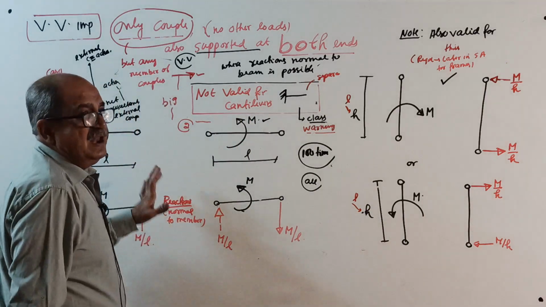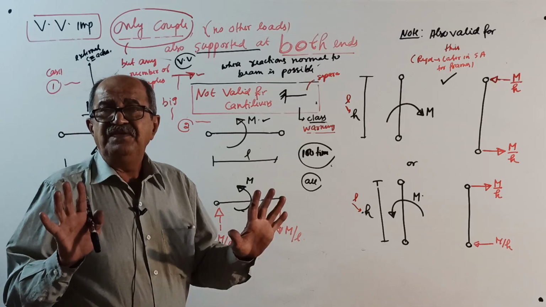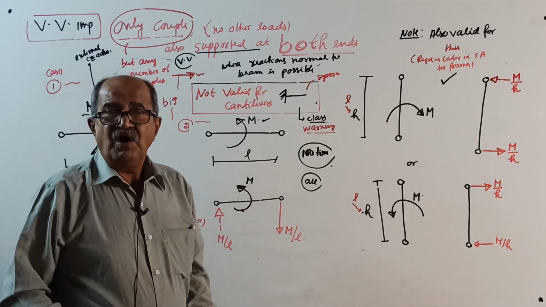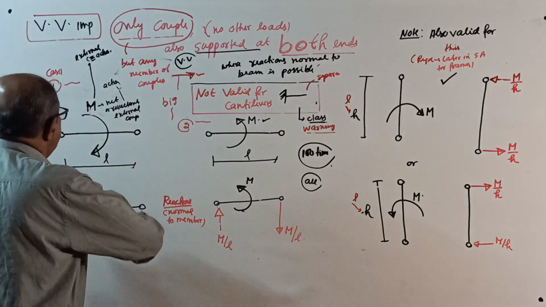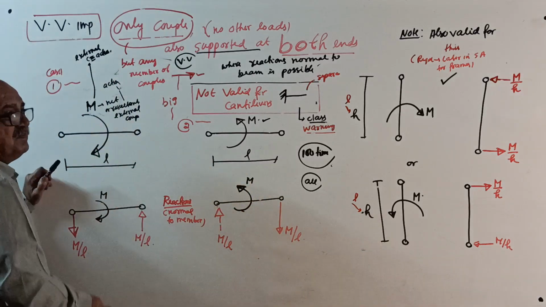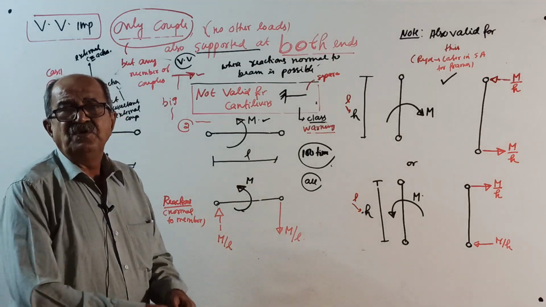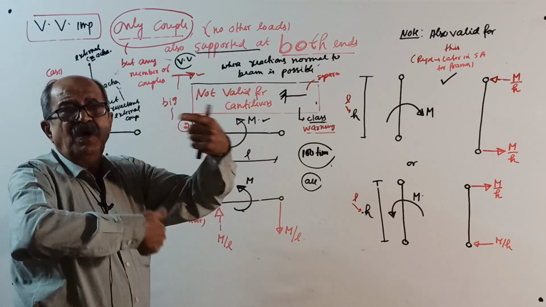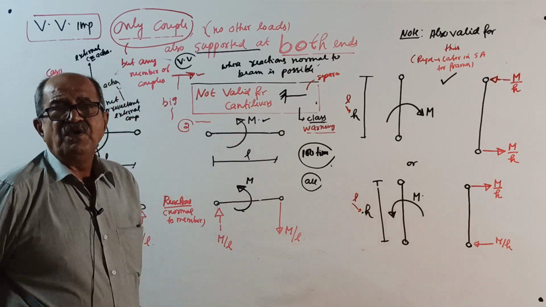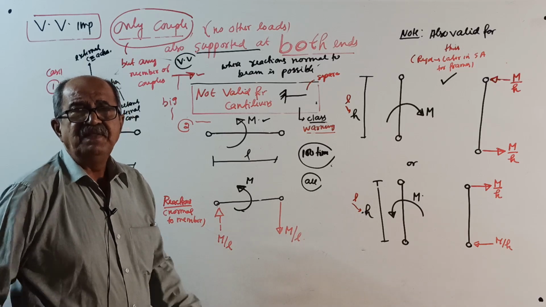Now, first I will tell you the correct, easy concept actually. See, if there is an action of M, imagine clockwise. To balance it, you require an anti-clockwise couple. That anti-clockwise couple will be developed by the reactions.